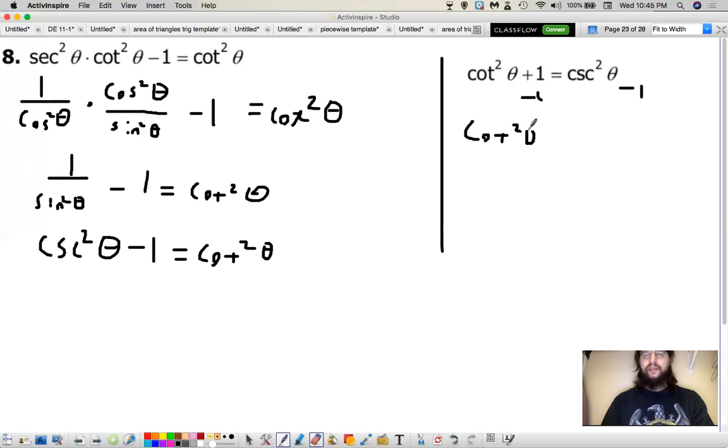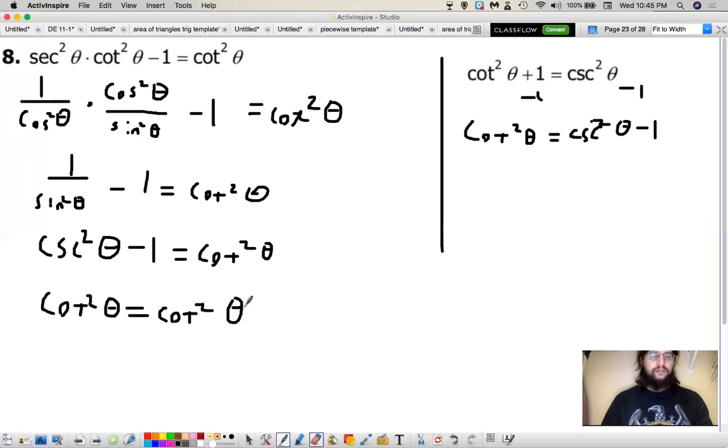Cotangent squared theta is cosecant squared theta minus 1. Okay, that's cotangent squared theta. Let's put some proofs in the middle. That was fun. Let's see what's next.